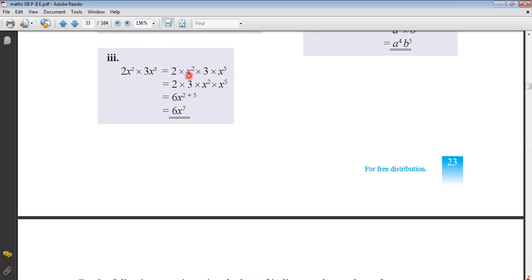Here 2 and 3 are numbers, so you can write them together. Then second power of x and fifth power of x, the base is equal, so you can add the exponents. 2 times 3 is 6. Then add the exponents, 2 plus 5, 7.